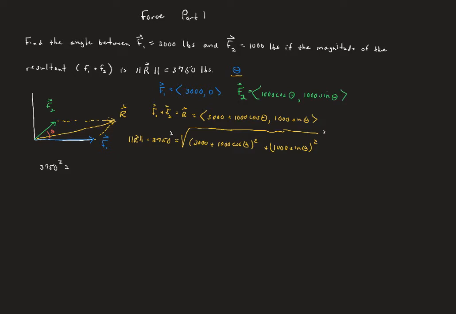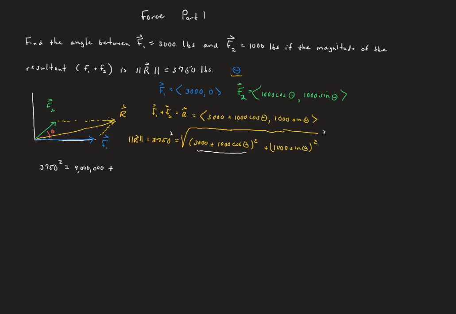Now I'm going to square this binomial, which is the first term squared, 3,000 squared, plus twice the product, plus the second term squared. 3,000 squared is 9 million.